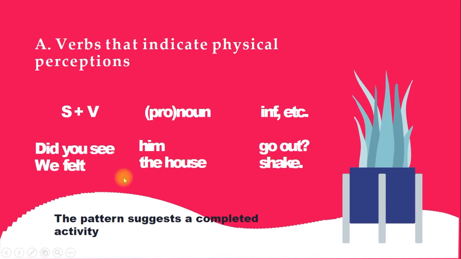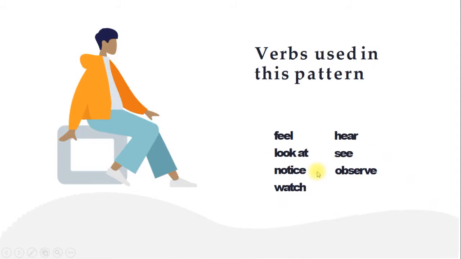It means that we see the person from the first time he goes out until he is not in front of ourselves. The verbs used in this pattern are like feel, look at, notice, watch, hear, see, or observe.